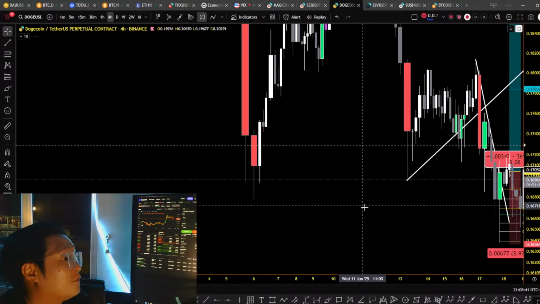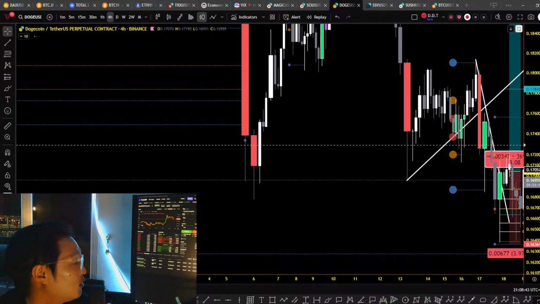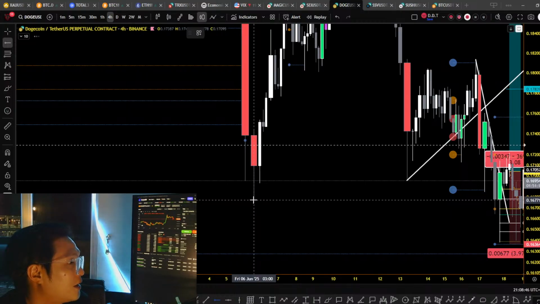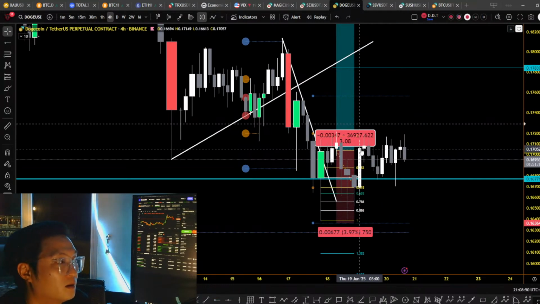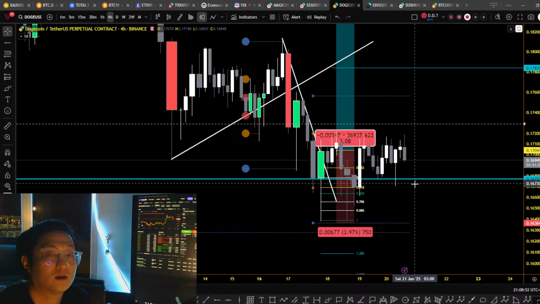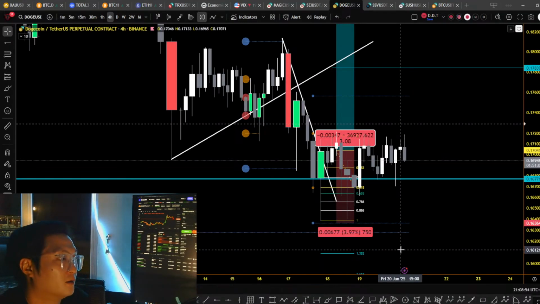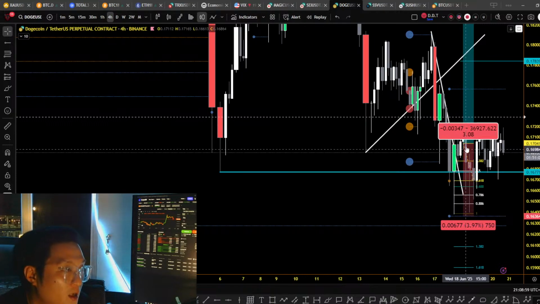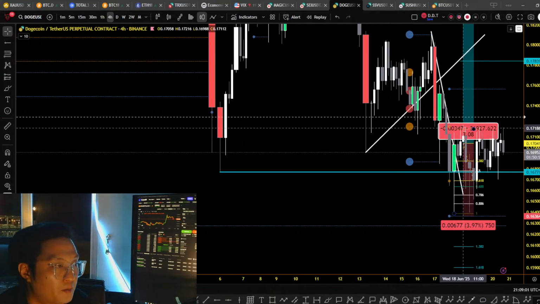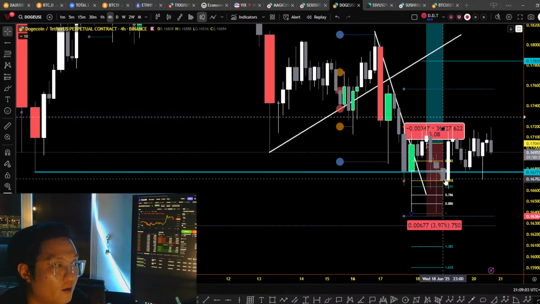If you use the 4 hour, it looks like this. Force break, break again. You see, guys? The market is chopping right now. This is a force break: after liquidity grabs up, it tries to break up again.